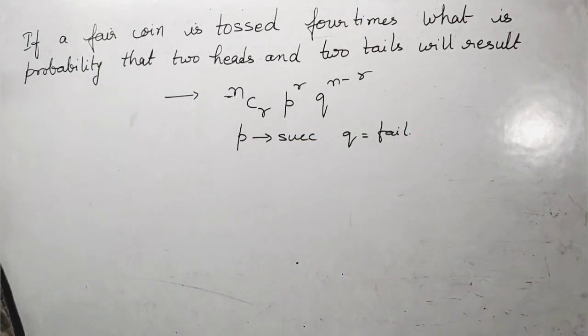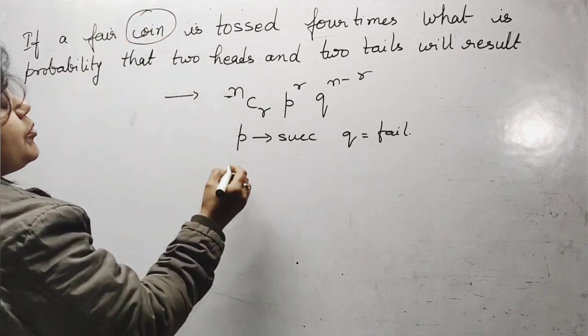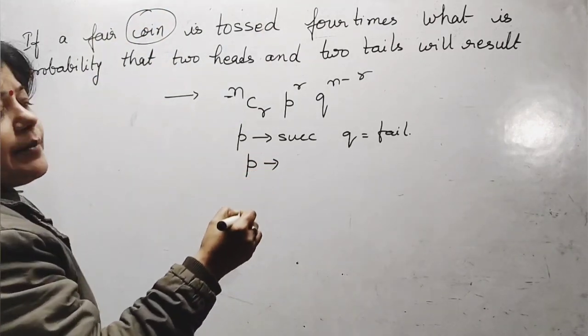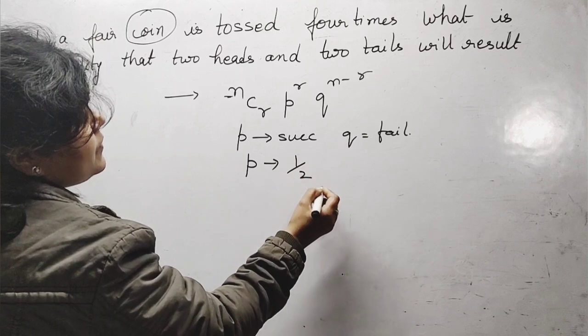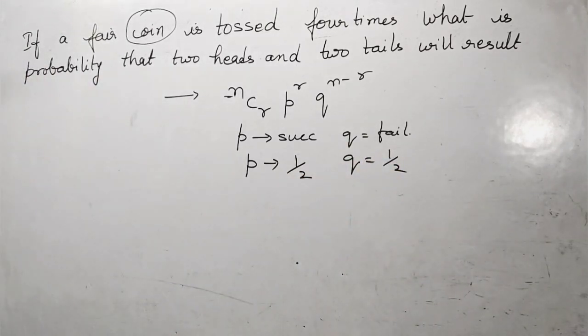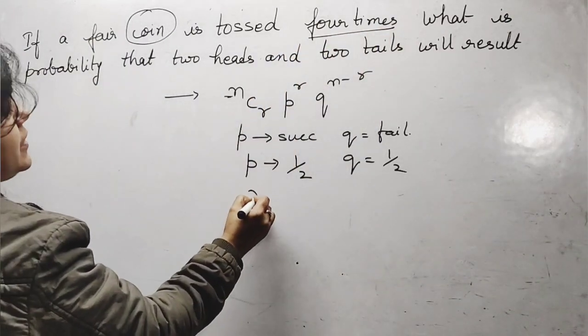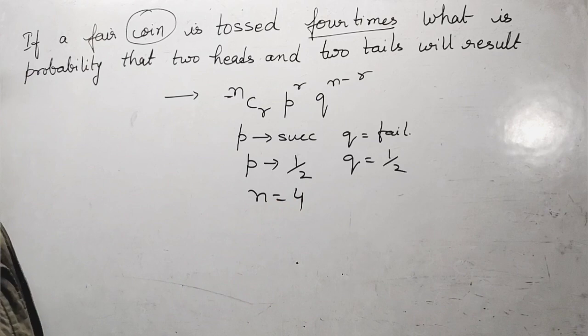Now here in this case, the coin is tossed. So the probability of success for a head is 1 by 2 and the probability of failure for a tail is 1 by 2. Next, the coin is tossed 4 times, that means the value of n is 4.